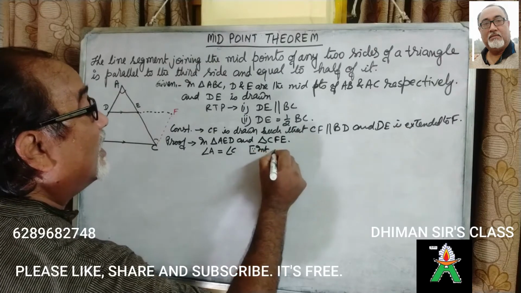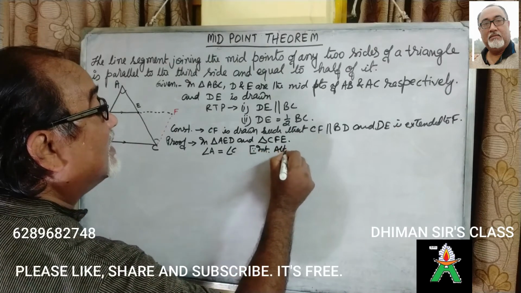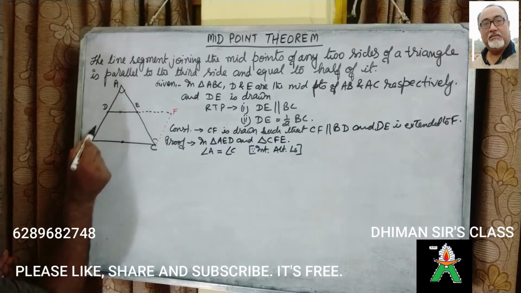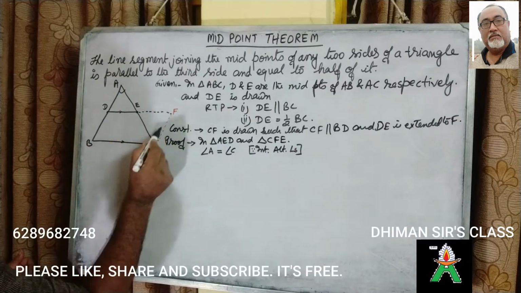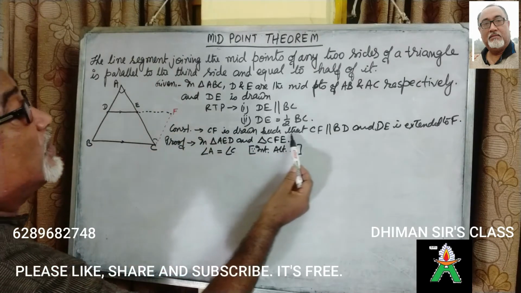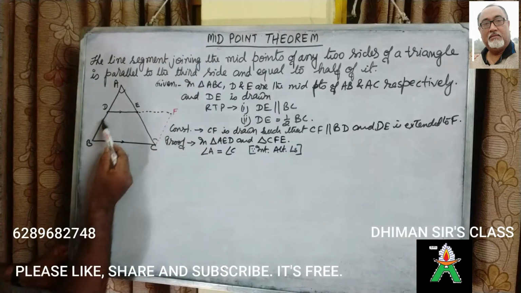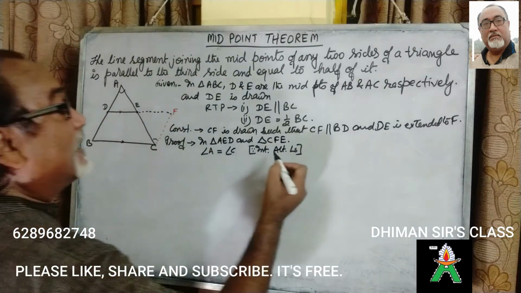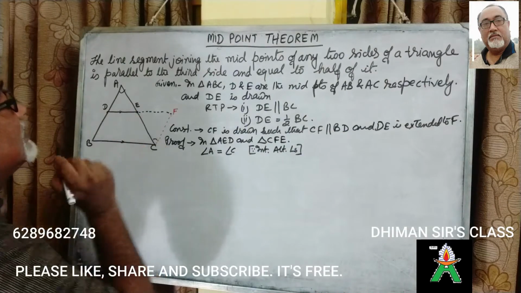Interior alternate angles. Why? Because see, this line is parallel to this line. By construction, we have already said that CF is drawn such that CF is parallel to BD. CF is parallel to BD means CF is parallel to AD. Okay? So that means this angle is equal to this angle.